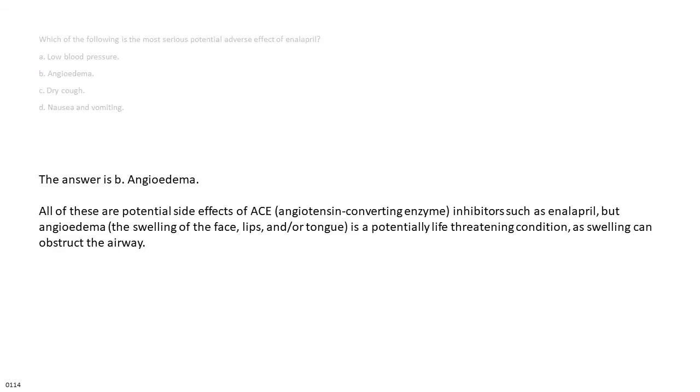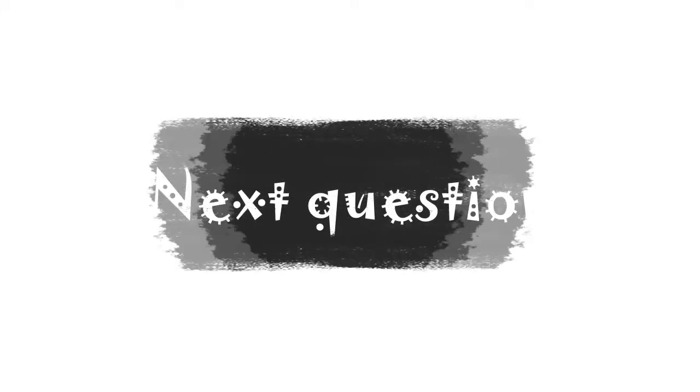The answer is B. Angioedema. All of these are potential side effects of ACE, angiotensin-converting enzyme, inhibitors such as enalapril, but angioedema, the swelling of the face, lips, and/or tongue, is a potentially life-threatening condition, as swelling can obstruct the airway.